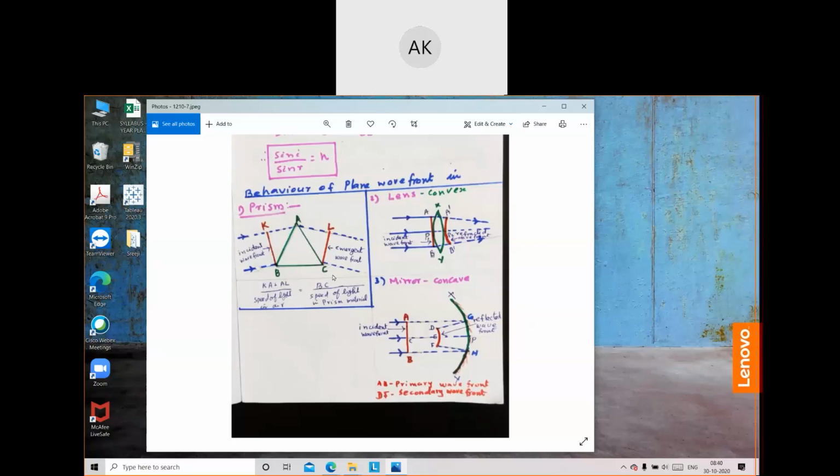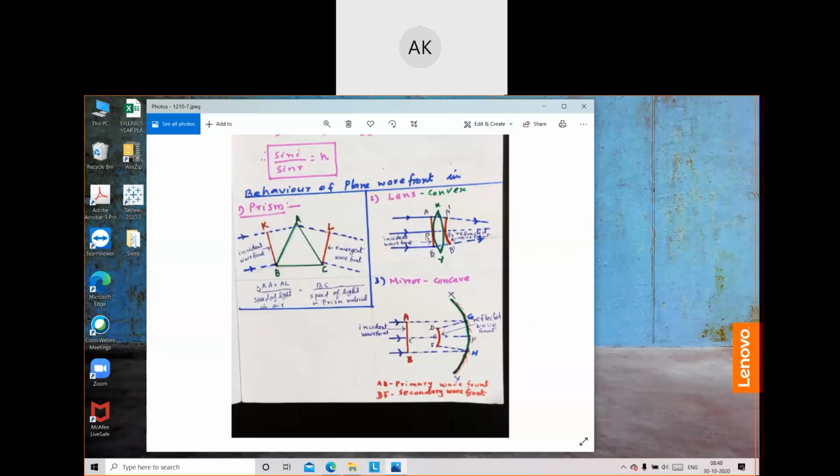So here you can see, by the time the wave from B reaches C, the wave from K travels a distance KA plus AL. So KA plus AL by speed of light in air, that is distance by speed, that is the time. Same time it takes. So BC, the distance, divided by speed of light in prism.